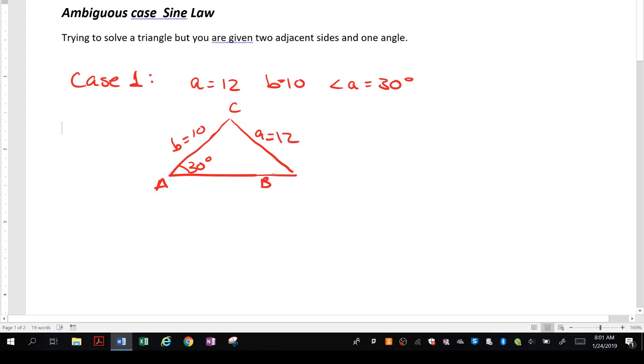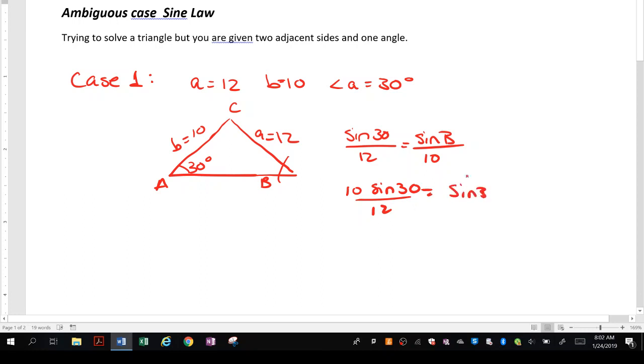Now let's take a look and see what angle B is using the sine law. We know that sine of angle A over side A is equal to the sine of B over side B. This gives us 10 sine 30 over 12 is equal to sine B. If you calculate this out, this gives you 5 over 12 equals sine B. And then take the inverse to find the degrees.